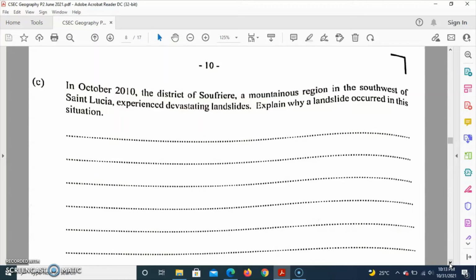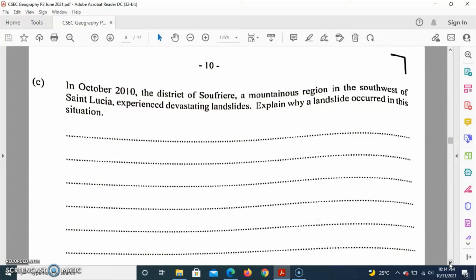Another reason is large-scale deforestation within that region. Remember that tree roots help to hold the soil in place. However, when they are removed, this allows the topsoil to become loose and easily washed away or carried away by wind and water.